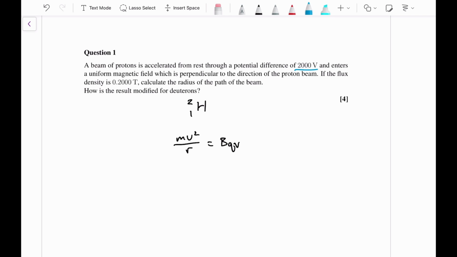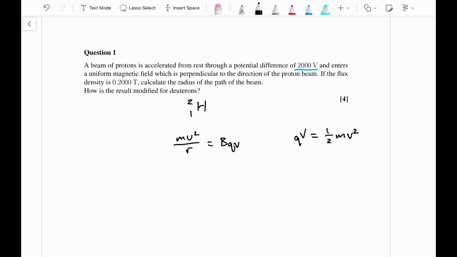One equation we can use is that QV, charge times potential difference, is energy, and that is equal to the energy of the proton. We assume all of it converts into kinetic energy, so that's half mv squared, and then we can calculate the velocity of the proton.